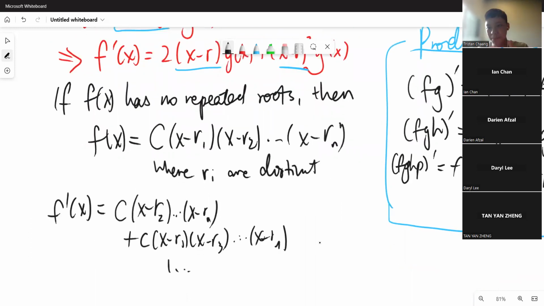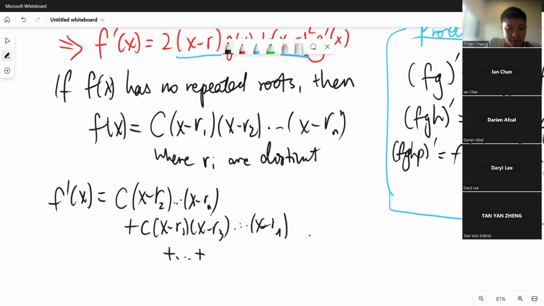So every term we skip the ith term. That makes sense, because the derivative of x minus r is just 1. Maybe we can write this more concisely. So this is the sum from i equals 1 to n of c times the product over j not equal to i of (x minus rj).